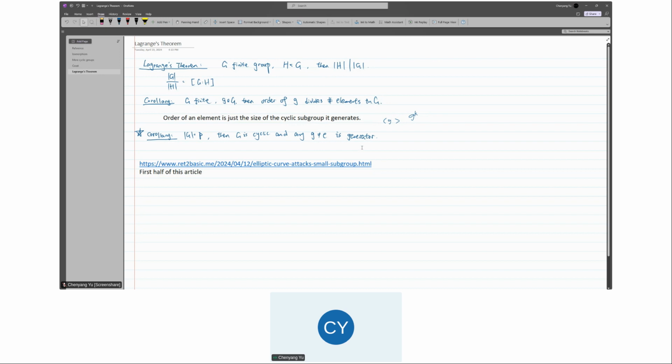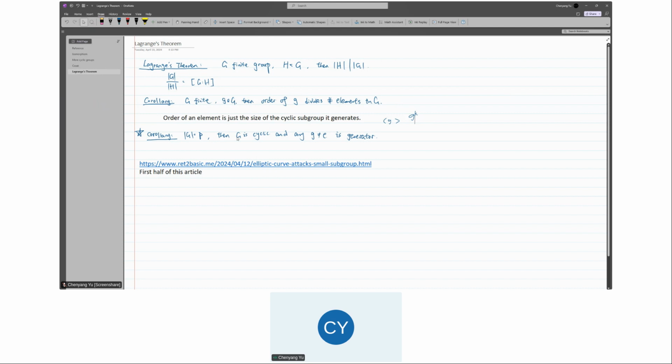Another important corollary follows from this. Once we prove this one, we can derive the statement that if we have a finite group of order p, which is a prime, then G must be cyclic. This one is pretty important, you should memorize that.